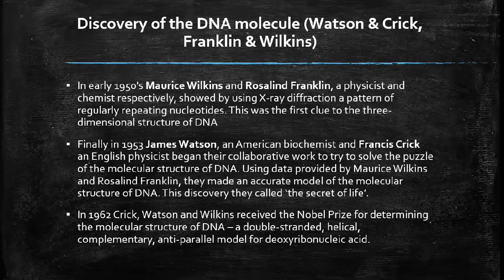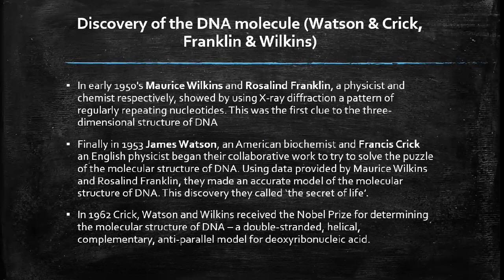So guys, after Wilkins and Franklin discovered that DNA is comprised of a chain of nucleotides, Watson and Crick brought together the data from these two other scientists to make an accurate model of how a DNA molecule looks.